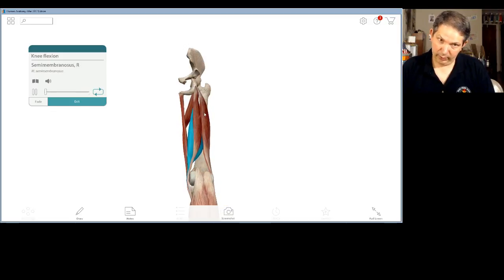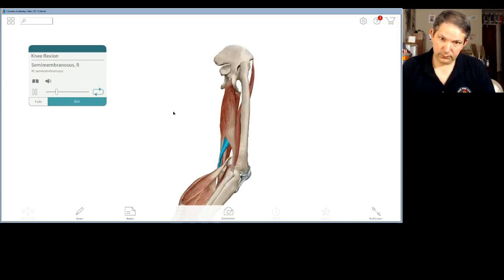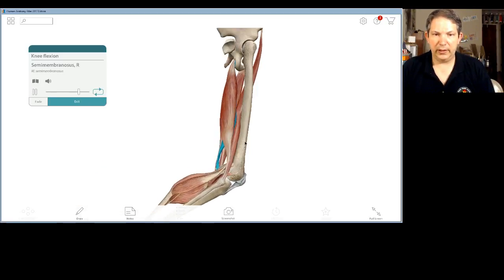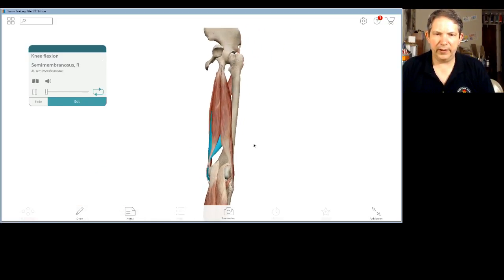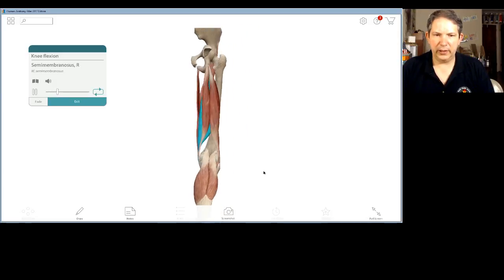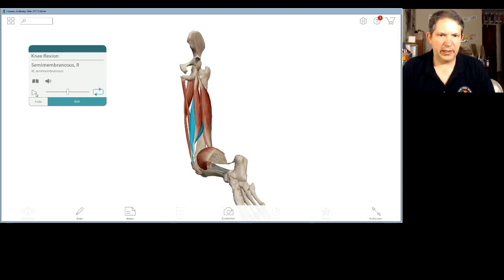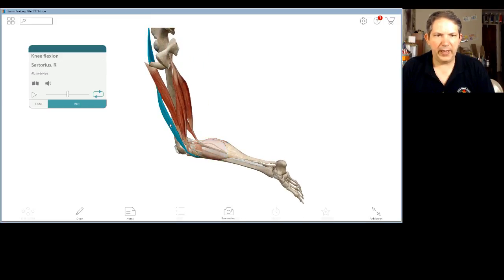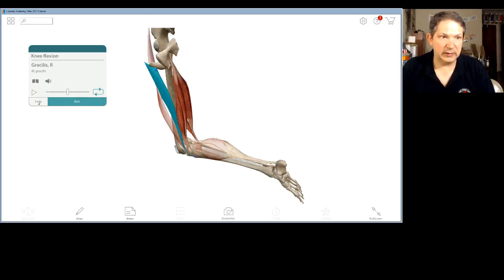Those three are the hamstring muscles, and their main motion is this. In fact, if I could fade everything else here for a second, let me pause that. Yes, the gastrocnemius has part of this, but that's not its main motion, main action. Sartorius does this, but that's not the main thing it does. The gracilis does this, but that's not the main thing it does.